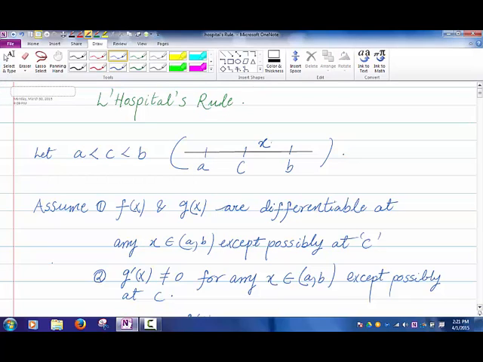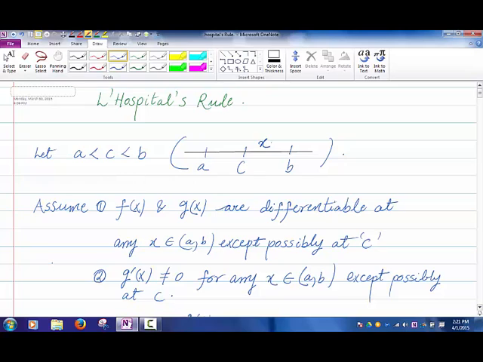Both of them are defined at any x between a and b, except possibly at c.